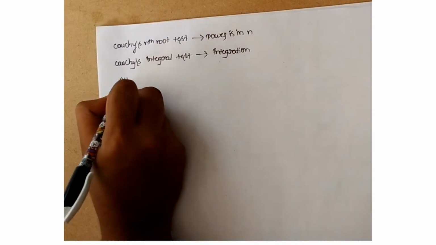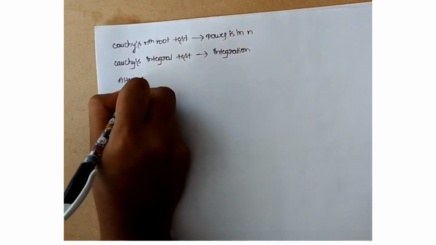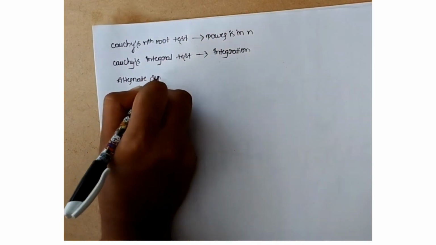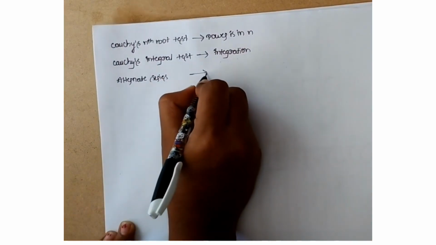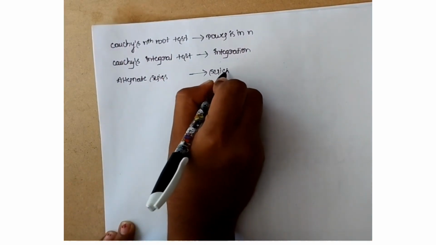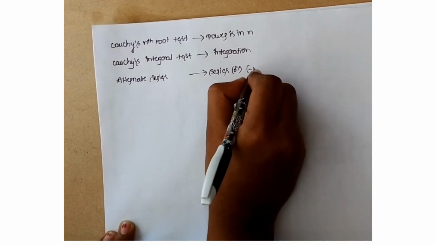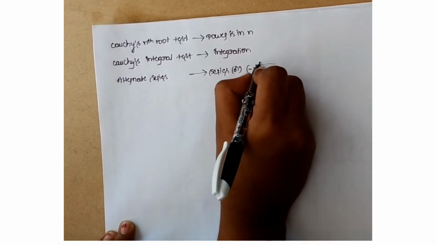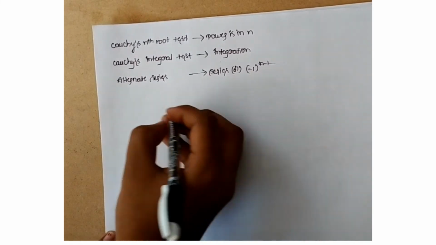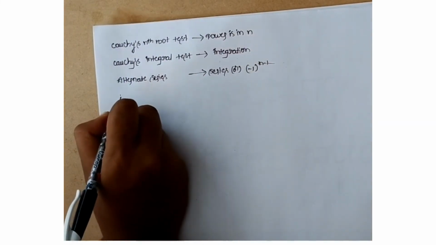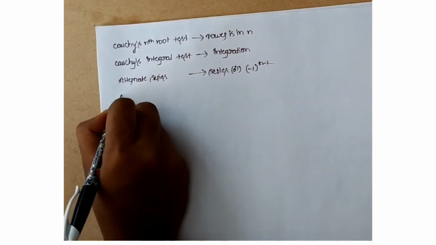Then alternating series: it is in the form of a series with (-1) whole power n and so on. And also the last one, Leibniz.